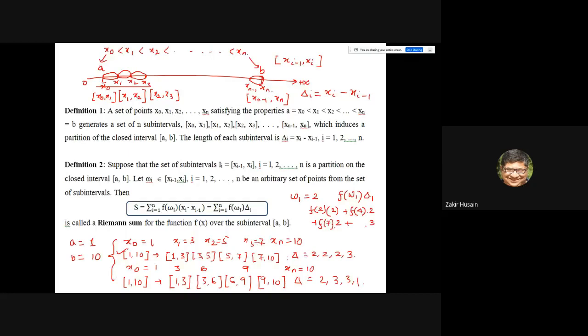So omega is equal to 7, here. Let us take 7.1. So we sum up this product, right? So we get this form. This is called the Riemann sum.